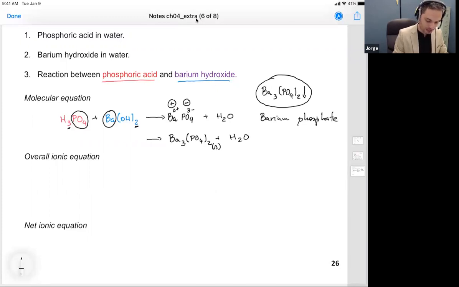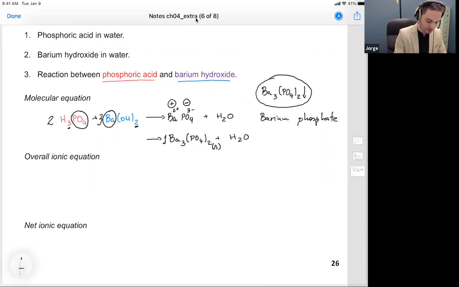On the product side, we have 3 barium. That means we need to have 3 in the reagent side. And here on the product side, we have 2 phosphate groups. So let's add a 2 here on the reagent side. And finally, we balance the water, okay?